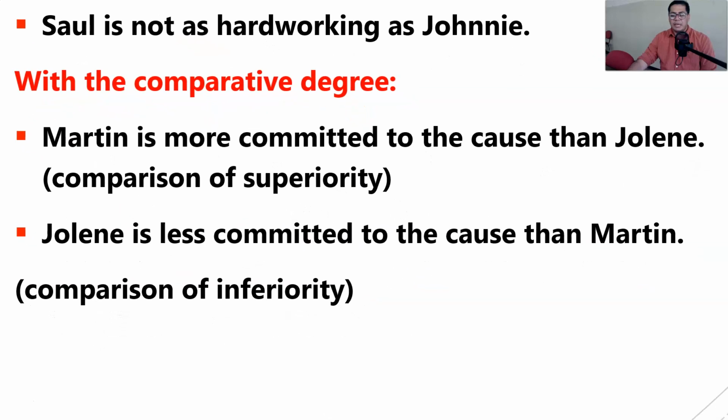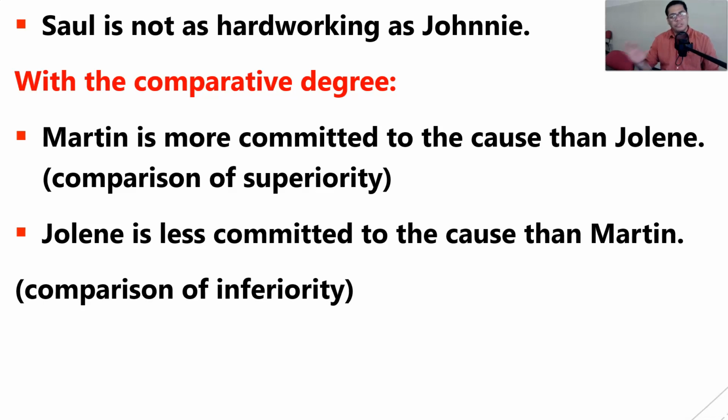But I can also use the more common way to make the comparison, which is with the comparative degree. We have 2 different kinds of comparisons with the comparative. We have the comparison of superiority and the comparison of inferiority. Martin is more committed to the cause than Jolene.